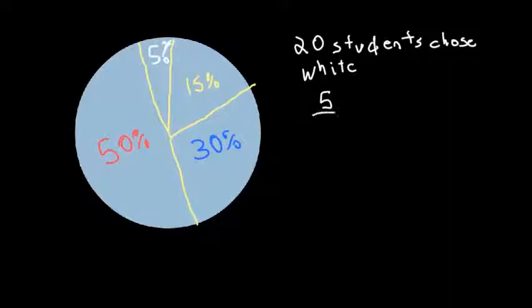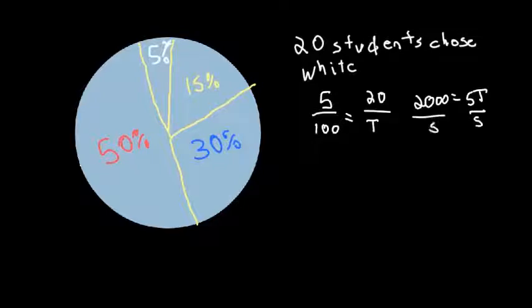So 5 over 100 equals 20 students, because that's my part, over my whole, let's say T for total students. So now I've got a proportion we can solve. 20 times 100 is going to be 2,000 equals 5T. Divide by 5. So my total students would equal, 5 goes into 20 4 times with 2 zeros, so 400. So I have a total of 400 students.